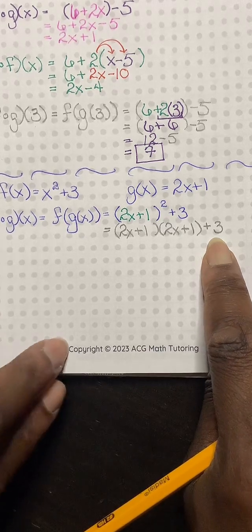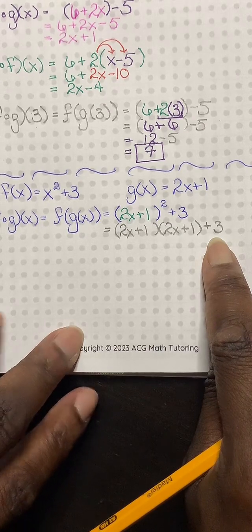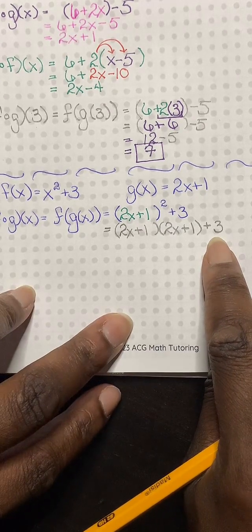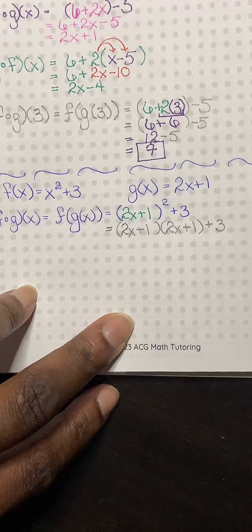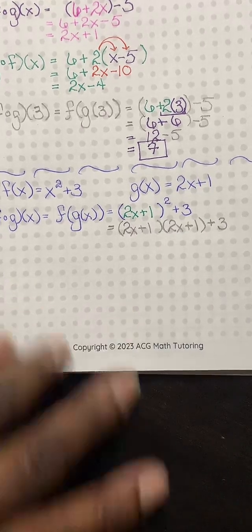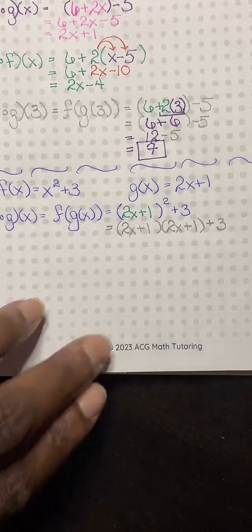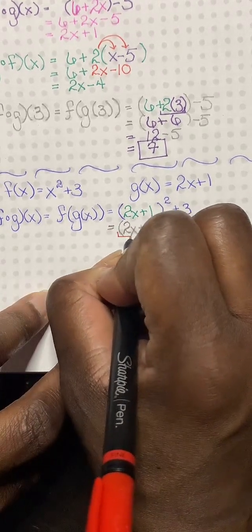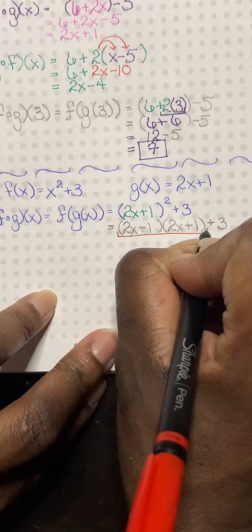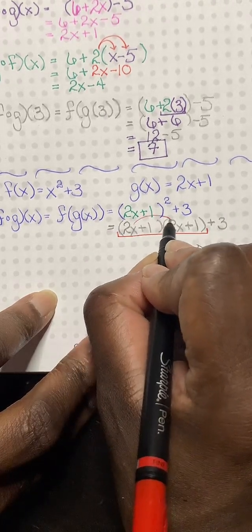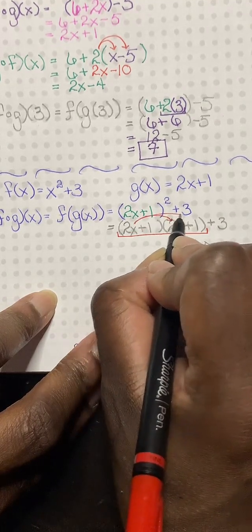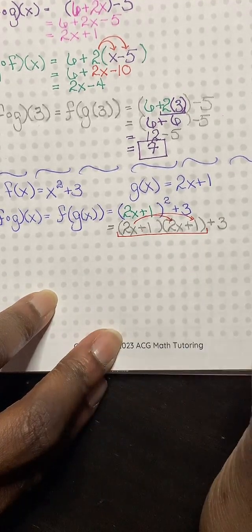All right. So now, with that bit of information, we're going to do FOIL. So this first 2x, I'm going to distribute to everything in that second parenthesis.